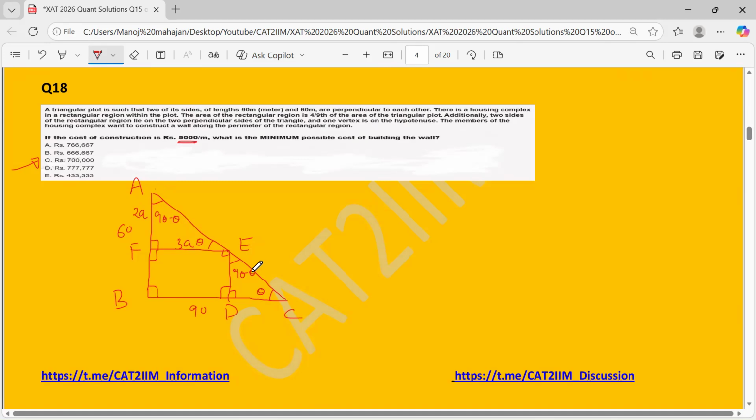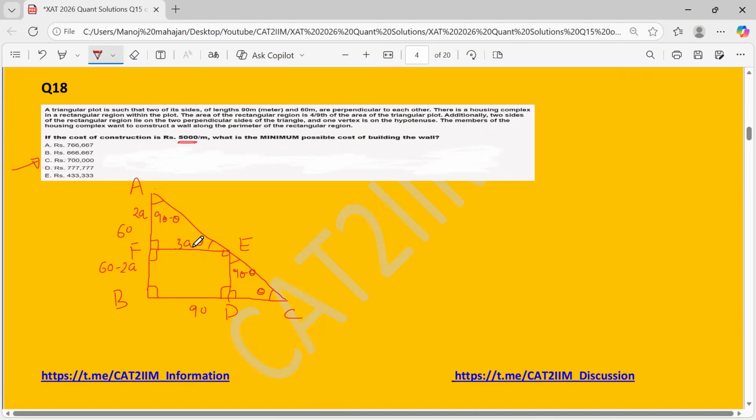This is a rectangle, FEDP. If AF we have assumed as 2A, this should be 60 minus 2A. A tough one, right? So I can now look forward to getting the perimeter.